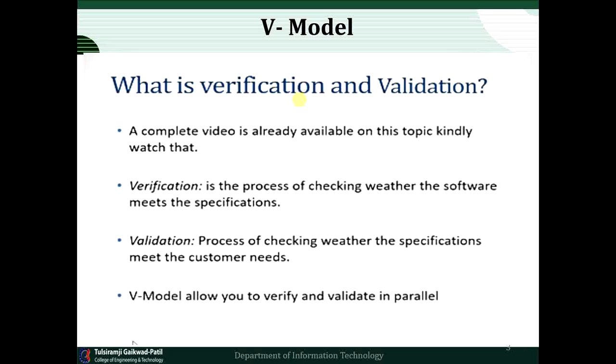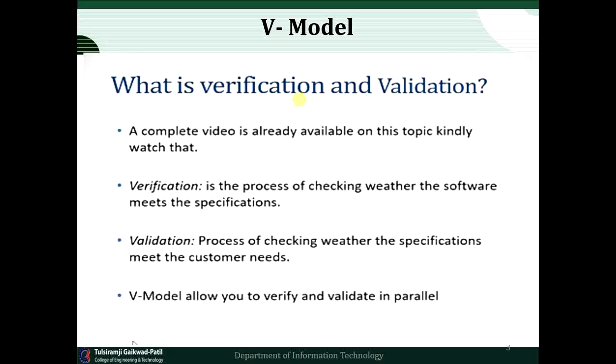Those specifications have to be met by that particular model, and that is called verification. Validation is the process of checking whether the specification meets the customer requirement or not. Verification checks whether the software meets the specification. Validation is performed at the customer's stage. That means checking whether the product is working according to the customer's requirement or not.